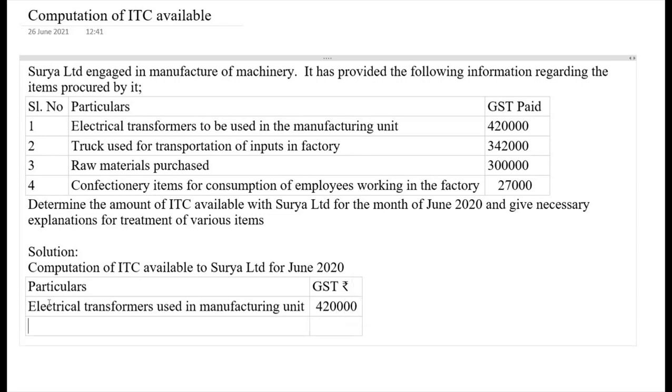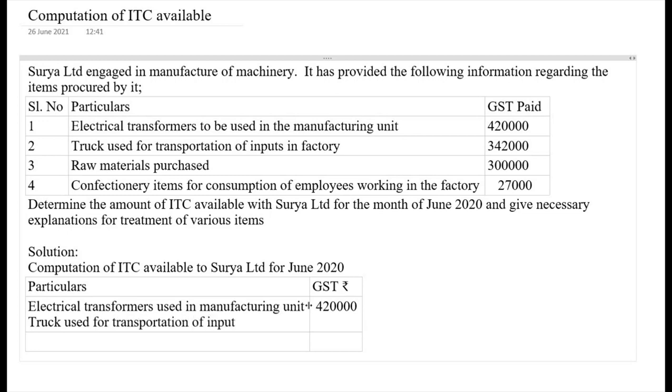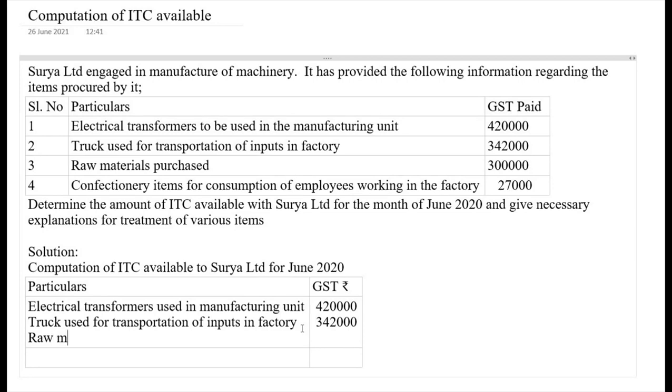Then truck used for transportation of inputs in factory, rupees 3,42,000. Then next, raw materials purchased, rupees 3 lakhs.